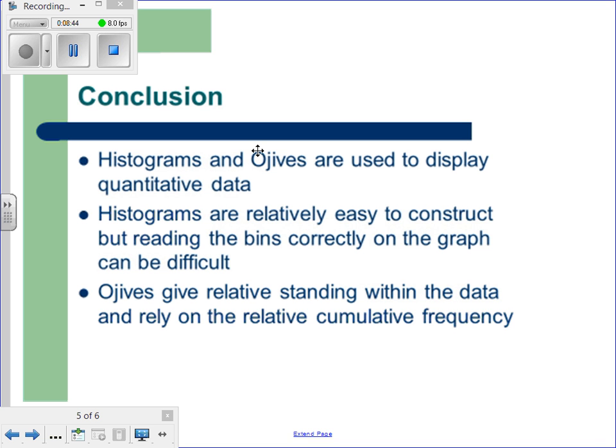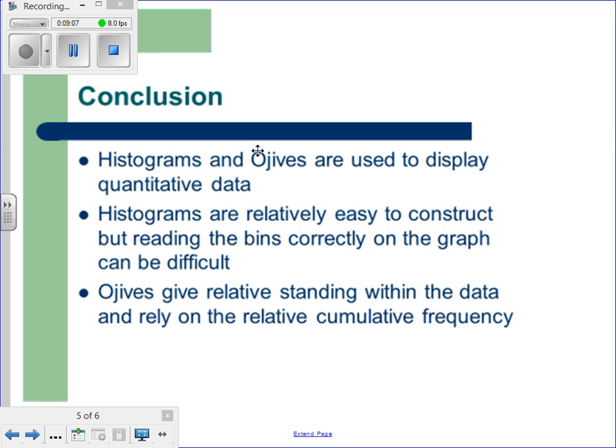Histograms are pretty easy to construct, but setting up your bins can be difficult sometimes, as can making sure you read them correctly. But a histogram also gives you a really good look at some of the biggest bins. It's easy to see where most of the data is in a histogram, and you can see where there are empty bins very quickly just because there are missing bars.